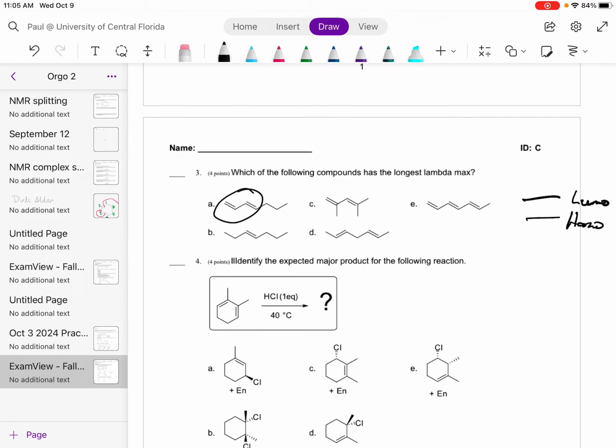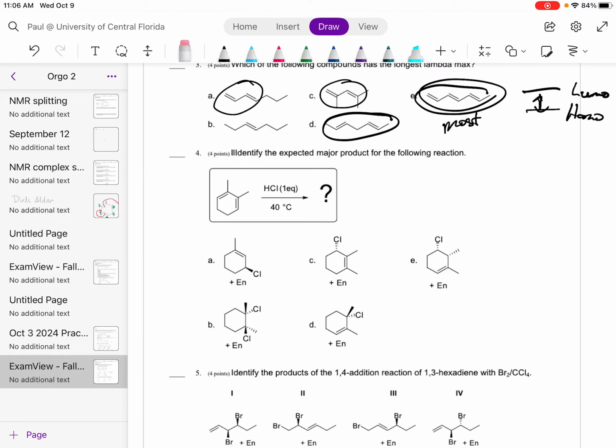So there's conjugation, conjugation. Those are isolated. But there we have 3 pi bonds all conjugated together. So that has the most conjugation, has the smallest HOMO-LUMO gap. And because it has the most conjugation and the smallest HOMO-LUMO gap, that makes it have the largest lambda max.